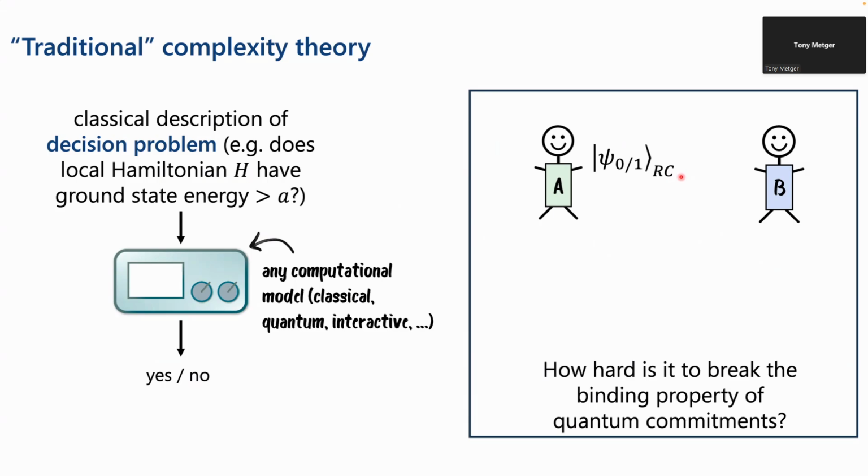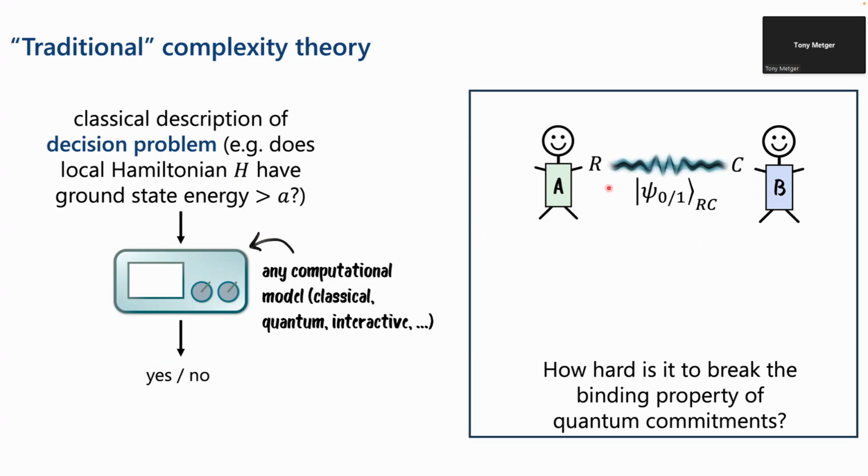And then you can open the box later, by sending the key afterwards. A way she can do this is she can prepare one of two states, psi0 and psi1, depending on which bit she wants to commit to, send over half of that state to Bob as a commitment register. And then later on, she can send over this reveal register to tell Bob which bit she committed to.